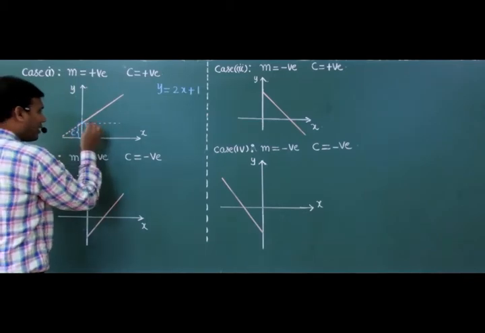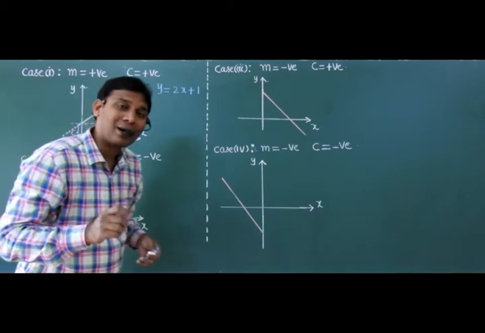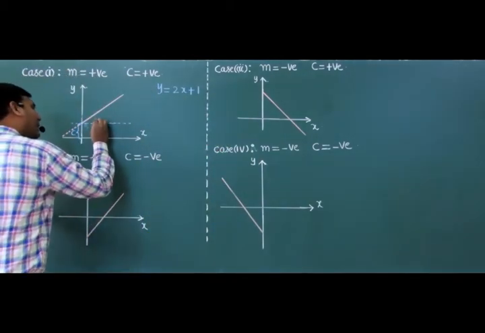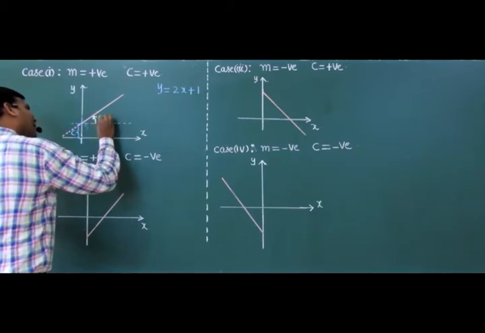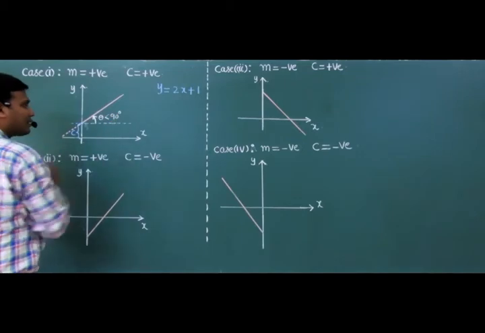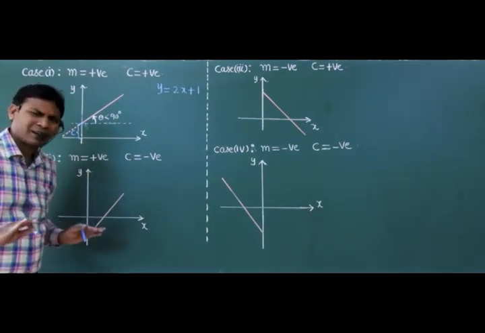Consider from this intercept one axis which is parallel to x-axis. The angle made by this is less than 90. Less than 90 means slope is positive. Clear? This much information is enough.